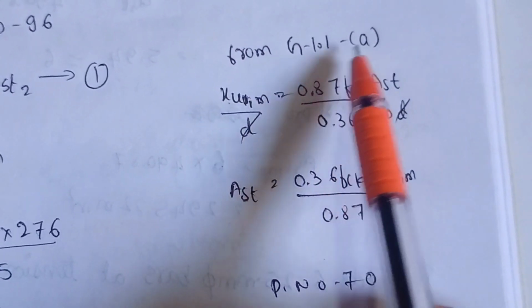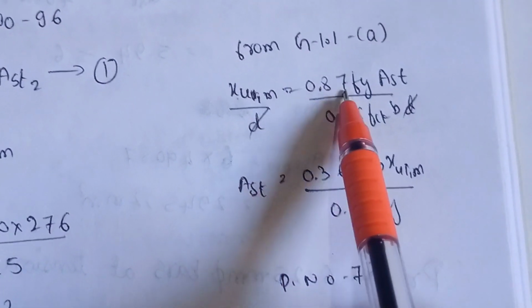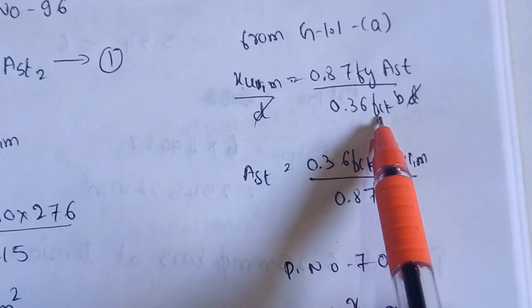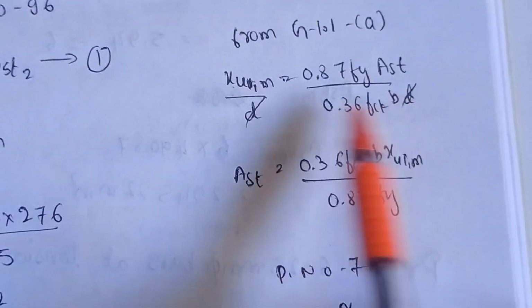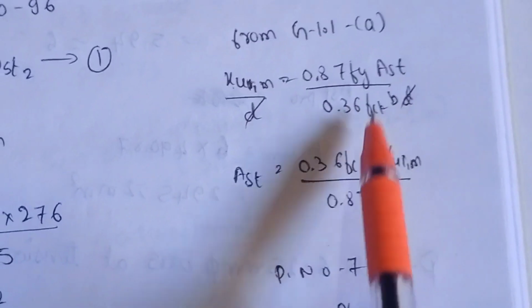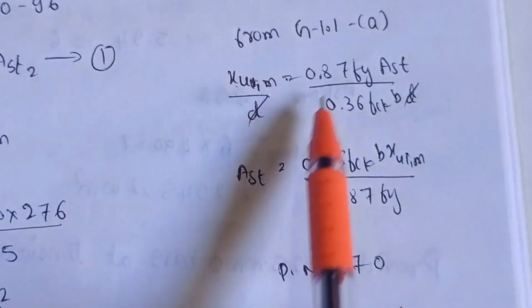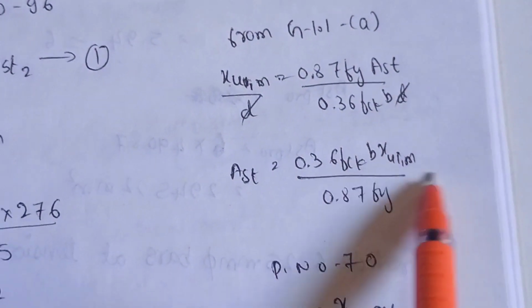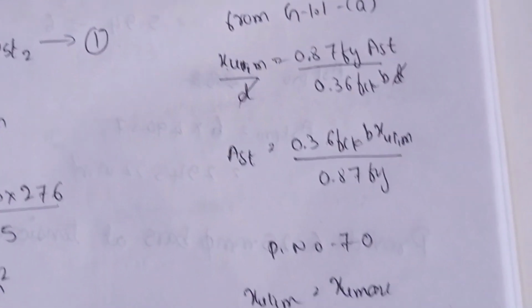From G1.1a, XU limit divided by D is equal to 0.87 Fy AC divided by 0.36 FCK B into D. In the denominator, D is on both sides, so it will get cancelled. After rearranging, AST is equal to 0.36 FCK B into XU limit divided by 0.87 Fy. By using this formula we will calculate the AST.